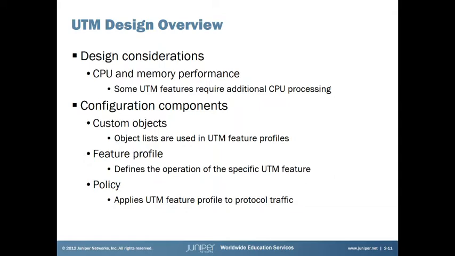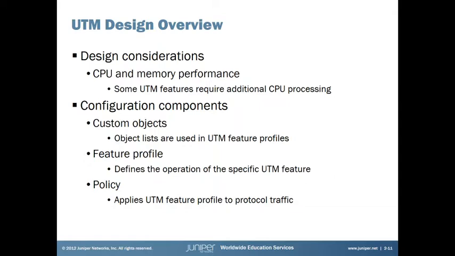Just like we did with IDP, it's the policy that invokes the UTM function, just like the policy invoked the IDP function. So it actually gets added into the permit. The traffic that is permitted by the policy will then go into this next phase of evaluation, and it will be evaluated by our UTM process to see if it gets through that process. So it's the policy that directs the traffic into this particular process.